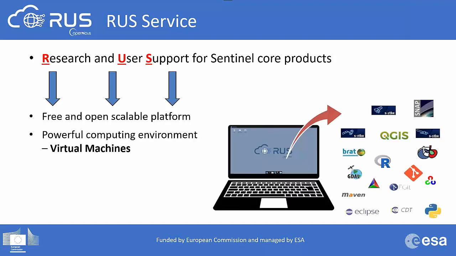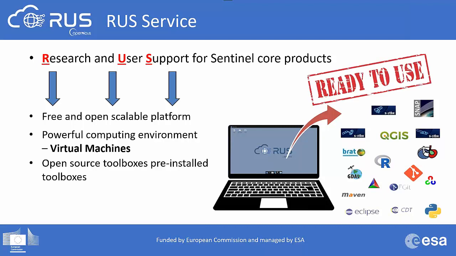The service provides a free and open scalable platform in a powerful computing environment, hosting a suite of open source toolboxes pre-installed on virtual machines, which allows you to handle and process data derived from the Sentinel satellites.